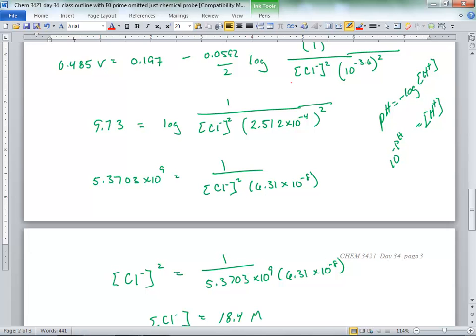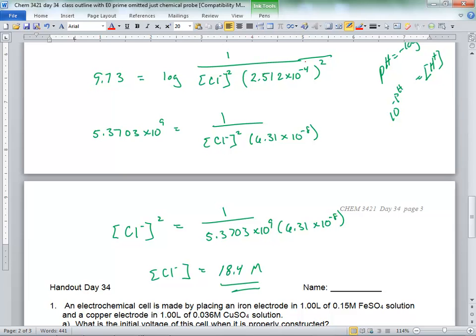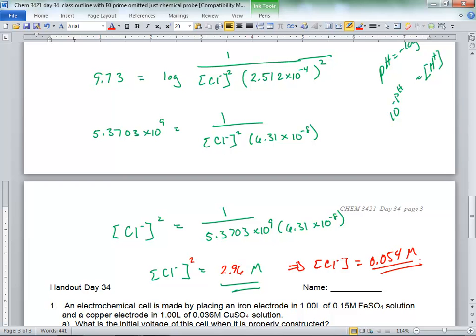And then that squared is going to be 2.96. So the concentration of chloride, 0.054. Right?